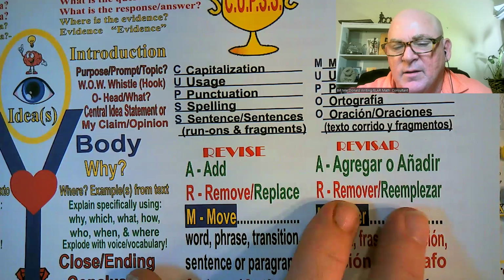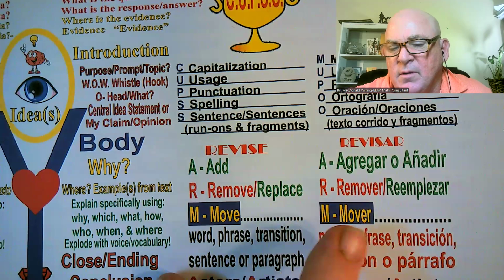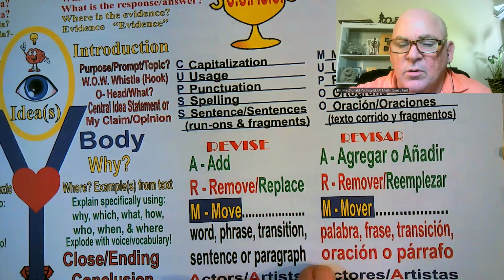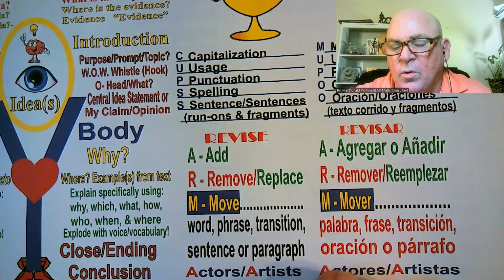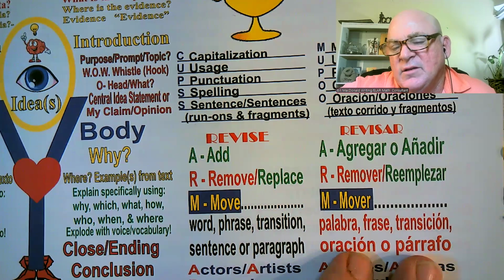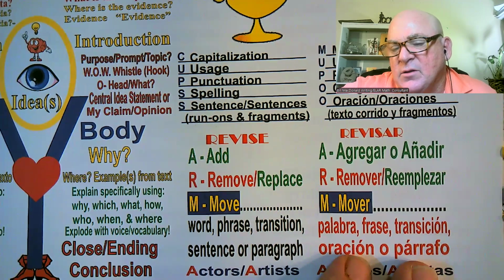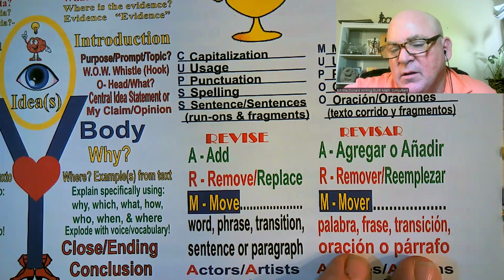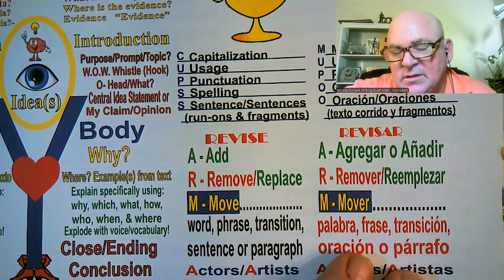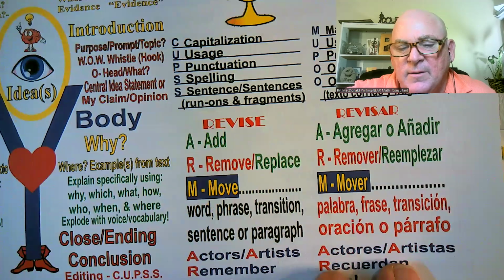Reemplazar, verde. Mover, amarillo. Una palabra, frase, transición, oración, o si estamos escribiendo un ensayo, tal vez puede ser un párrafo, pero por revisar no es parte de revisar. Lo más que podemos hacer uno o 200 oraciones que vamos a cambiar en una manera.